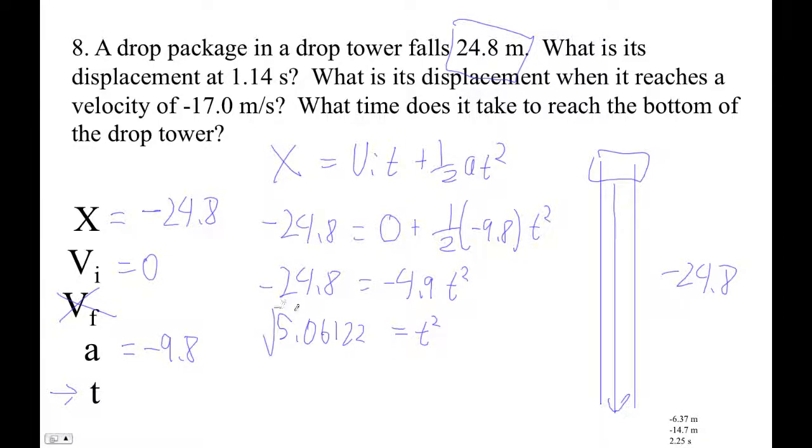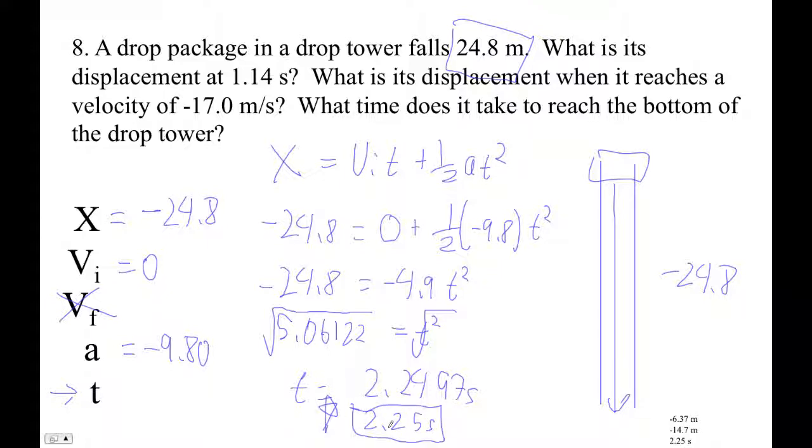So now we got to square root that to get the answer. And I get t is equal to 2.2497 seconds. Now we have 3 digits there, and 3 digits here, kind of, so I'm going to say that that's 3 digits, 2.25 seconds. Okay? Yeah? All right.